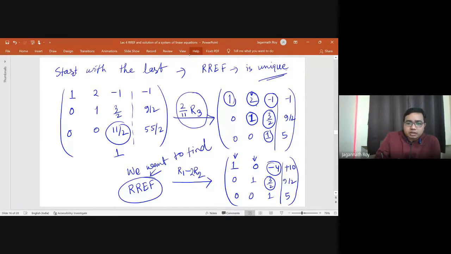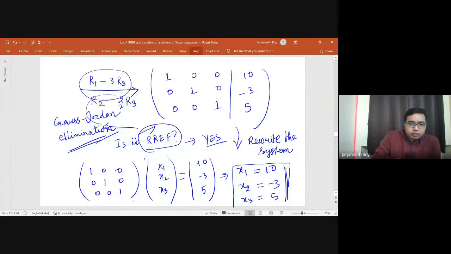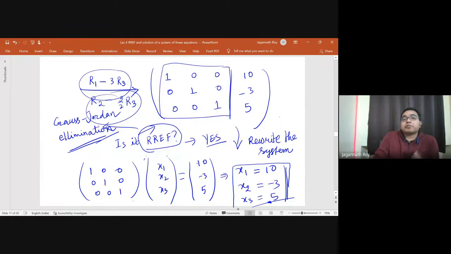This is 1, this is 2, 3, and 4. After that, you can get the solution directly, because this RREF will try to give you the identity matrix kind of thing. If possible, it will give you the identity matrix.